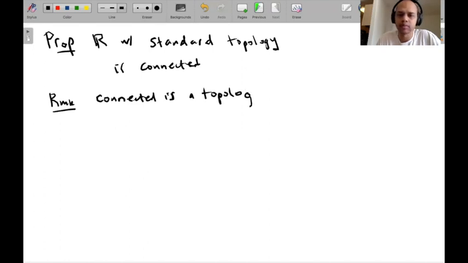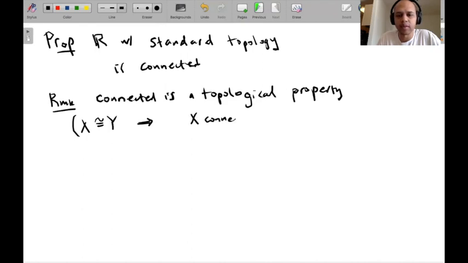That is to say, if X and Y are topologically equivalent, then X is connected if and only if Y is connected.